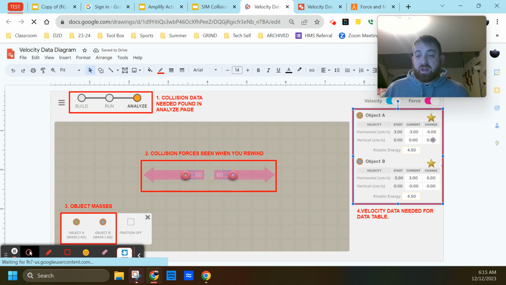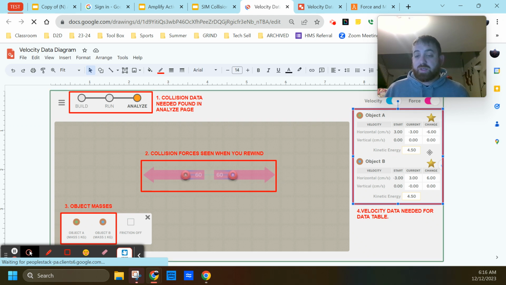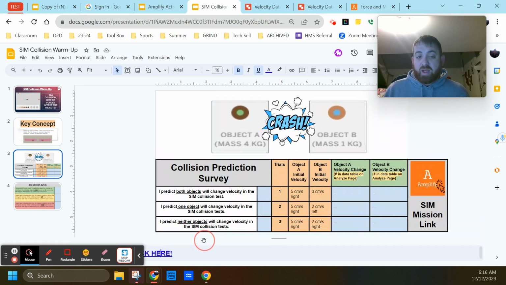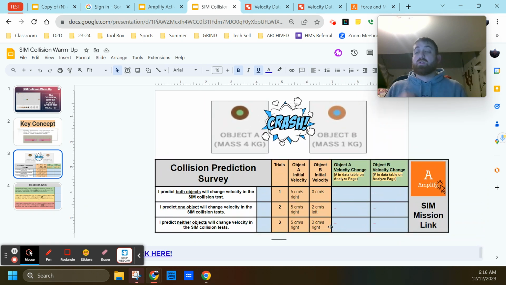The velocity data change would be the change column we see here on the side for objects A and B. Now, once you get those change values for each of your trials, 1, 2, and 3, you're going to use that to begin explaining why it is that the same force can affect two colliding objects in different ways.